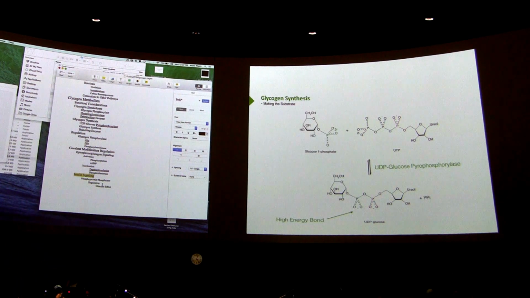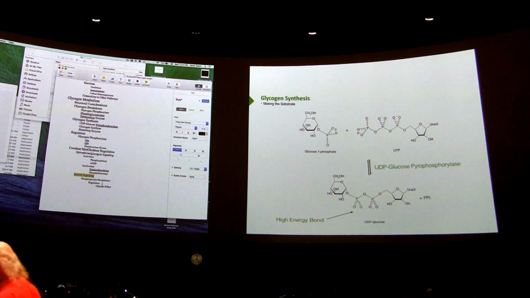Okay. Now, that's important. So if we're going to make a bond that has a lot of energy, we've got to make something that's got high energy to put into creating that bond. And that's what's happening right here. We create something that I call an activated intermediate. And activated intermediates turn out to be really important in biochemistry.